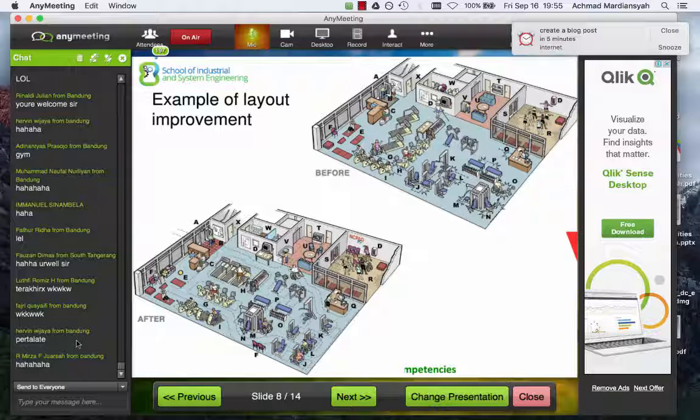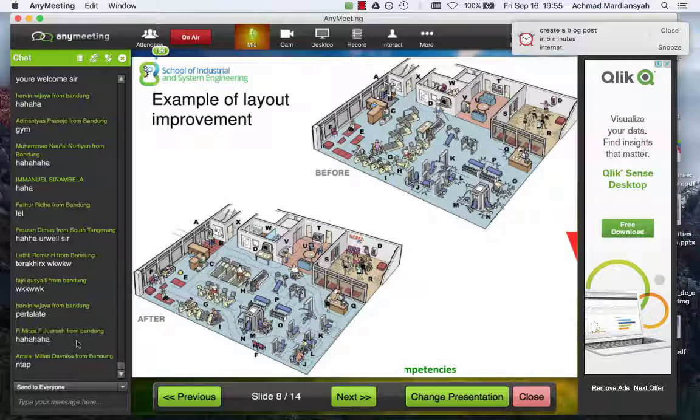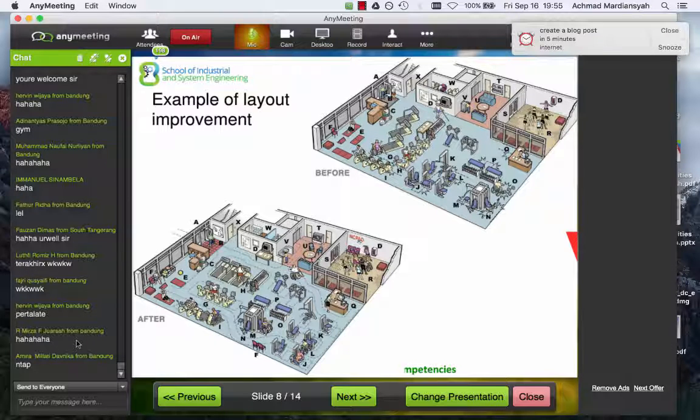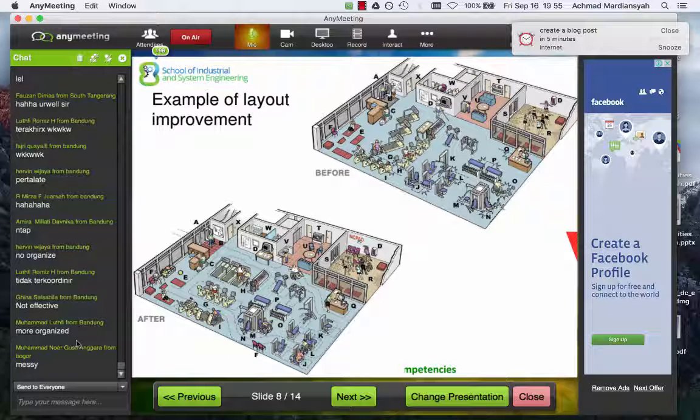So what kind of problem are we having before the improvement? Can anybody type here? So you will get the Pertamax again. So what's happening with the problem? Please type the letter. So A, for example, if A is the problem, you type A, and that is the problem. If you say not coordinated, not effective, messy, which one? Which number?